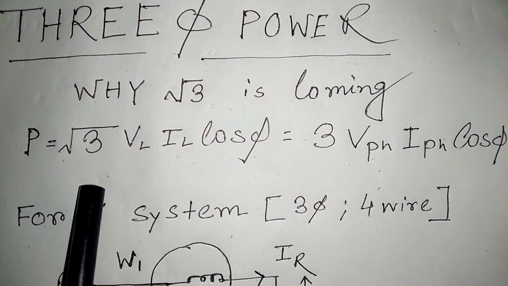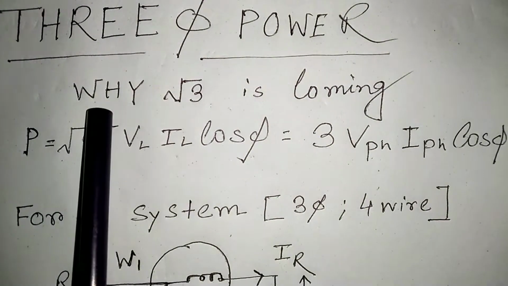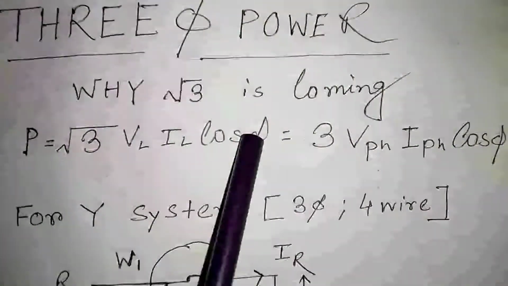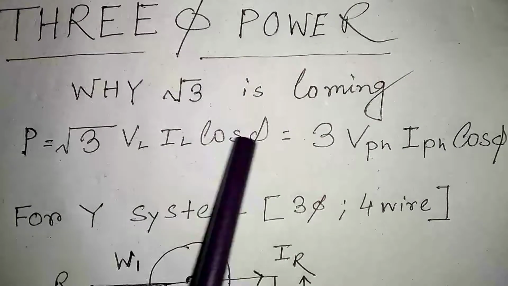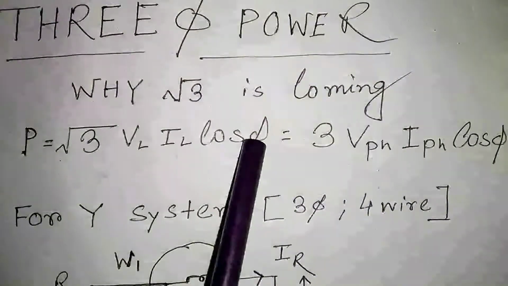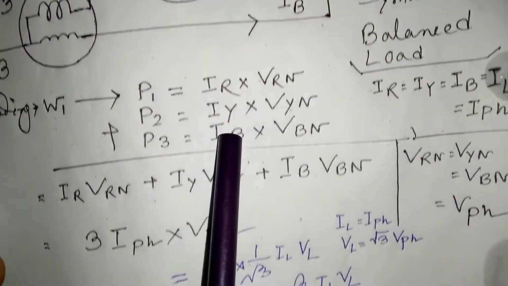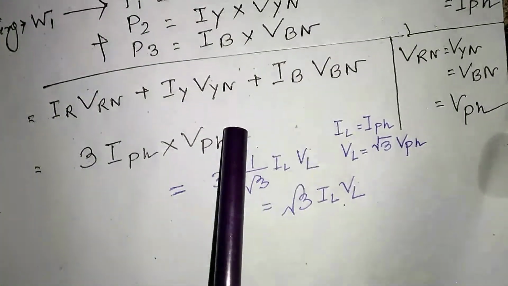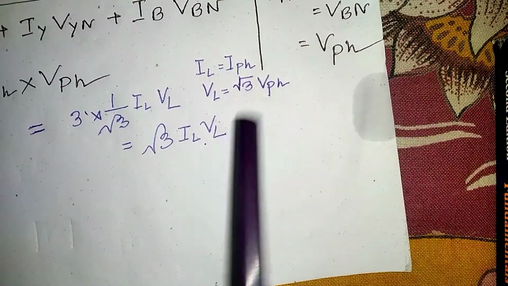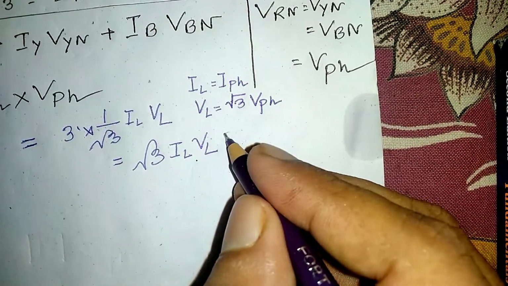For the delta system, in a similar manner we can prove this. But there are many questions, such as where this cos phi is coming from. Cos phi comes from the phase difference between current and voltage. If there is a difference, then we have to consider cos phi.